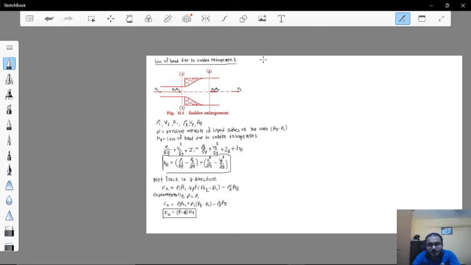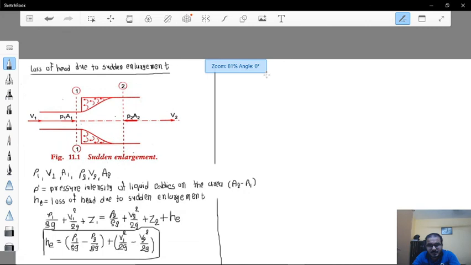Now we will discuss something about the momentum.